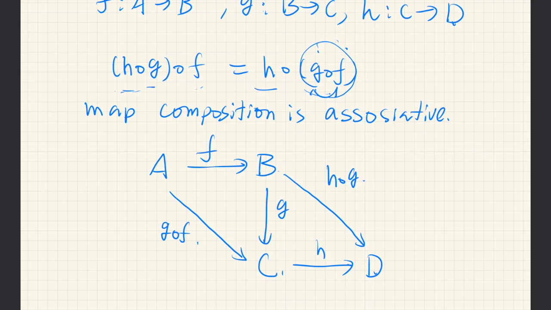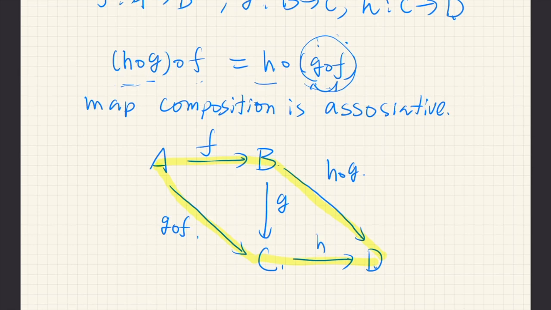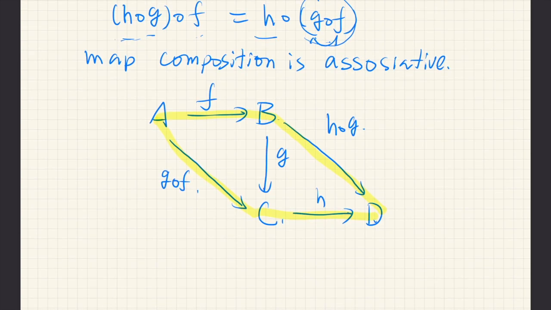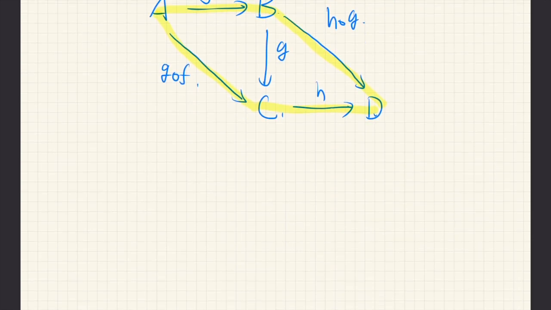Okay, so either way, we can go from here to here, or we can go from here to here. They give the same result. Okay, so that means this diagram is commutative. It doesn't matter how we go along the path.